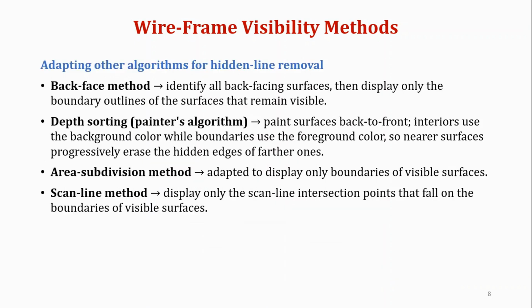And you can adapt many algorithms for hidden removal in the wireframe method. You can use backface culling, applying that algorithm here for removing the hidden surfaces. You can also use depth sort, the painter's algorithm, so you paint the back and front: draw the objects from back to front, and hidden edges are automatically covered by the nearer objects.